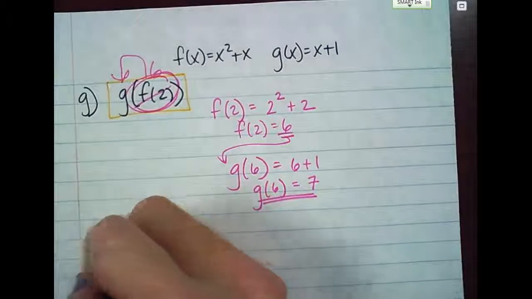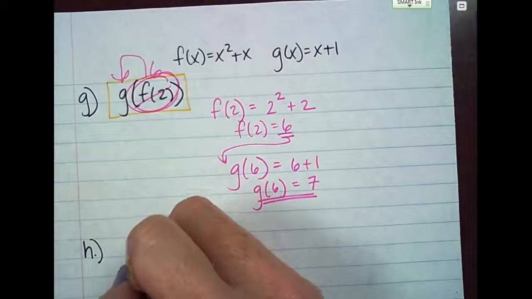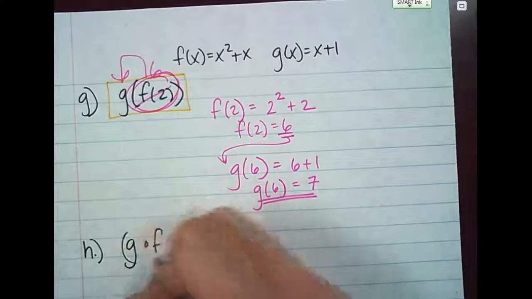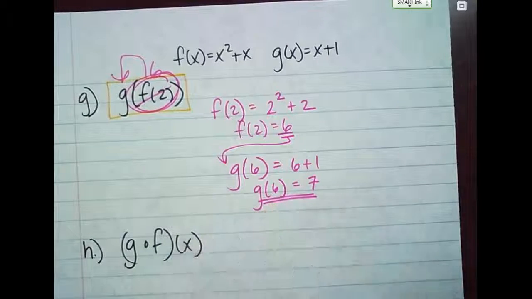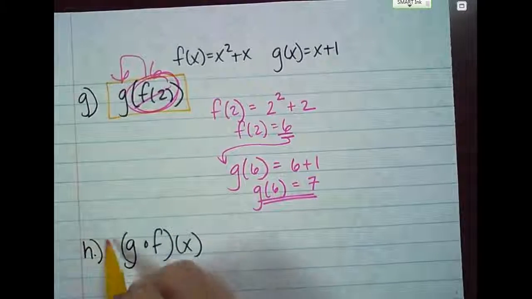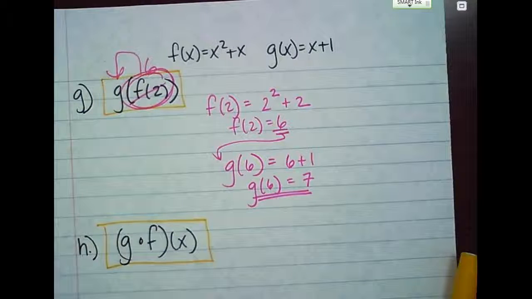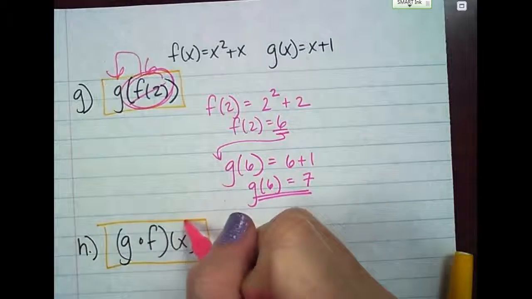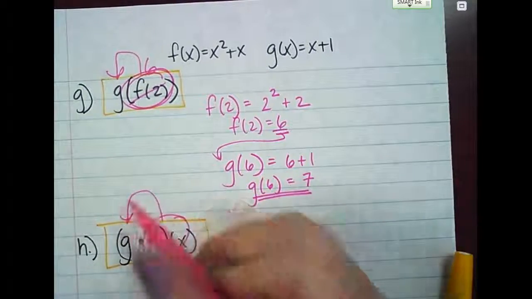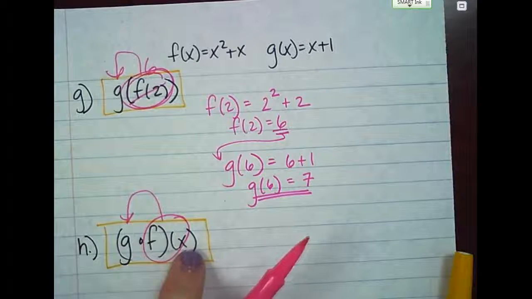Right, H. One more, please. All right. This says g of f of x. We're going to take f and plug it in. Remember? Keep g out of the game, put f in instead.